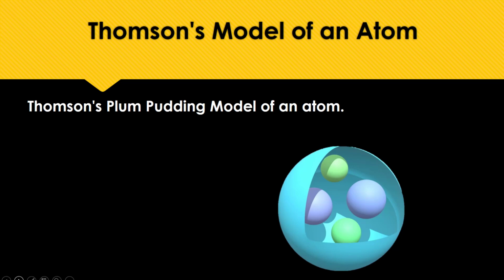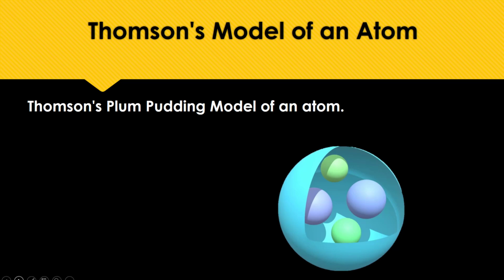If an ion is negatively charged, it gains electrons. If an ion is positively charged, it loses electrons. He says that the pudding model explains all these observations, children, but Thomson's model was not accepted.